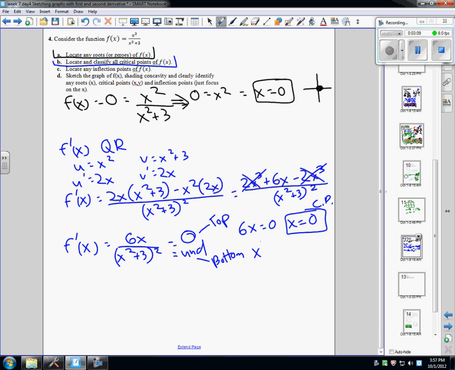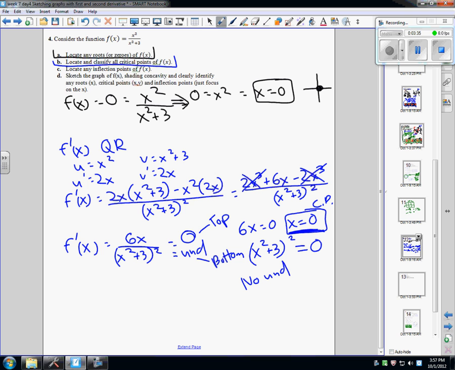Now if you look at this, x squared plus 3, if I'm trying to see when that equals 0, anything squared gets me something, plus 3 is always positive. This never has a 0, so there's no undefined guys. So the only guy we need to worry about is x equals 0.